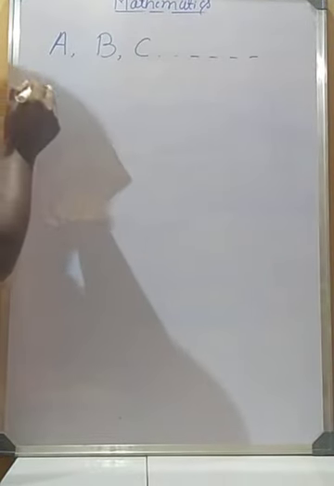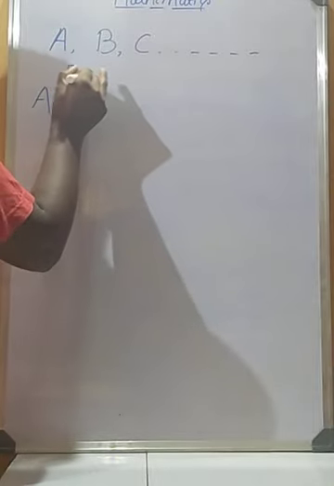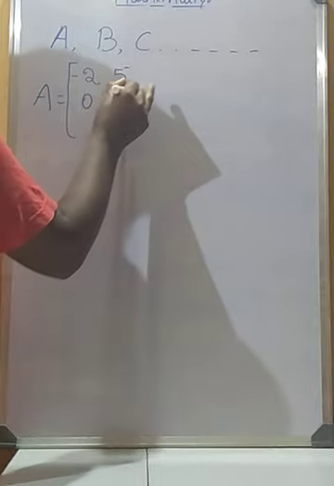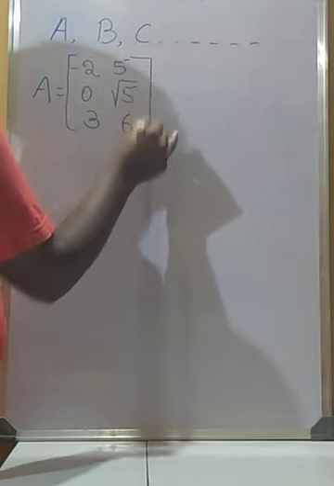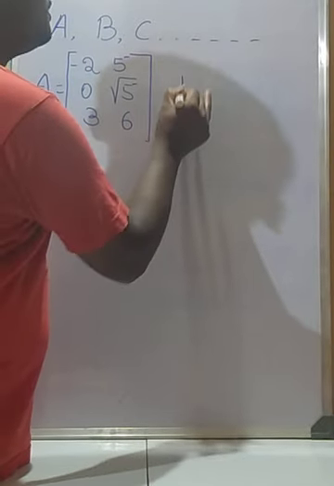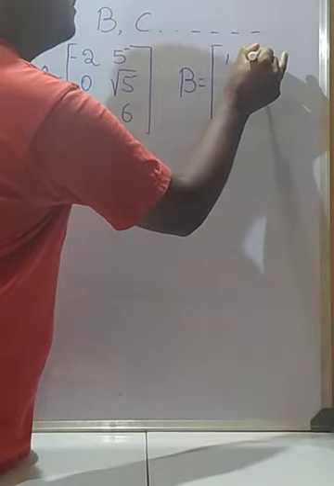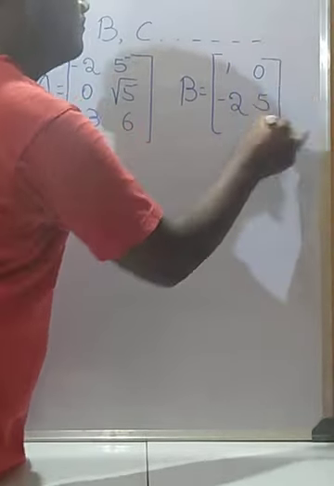So for example, matrix A equals -2, 5, 0, √5, 3, 6. Matrix B equals 1, 0, -2, 5.